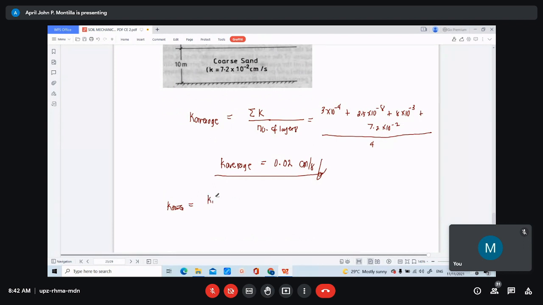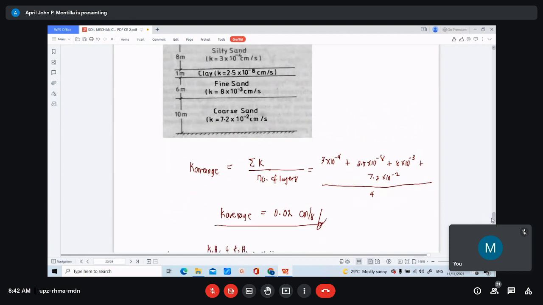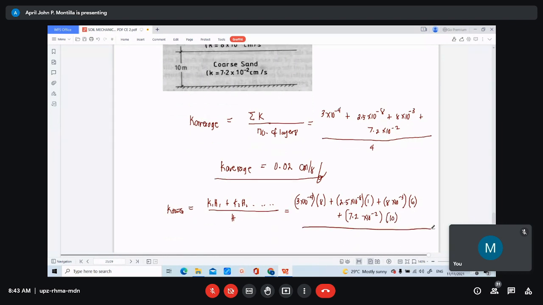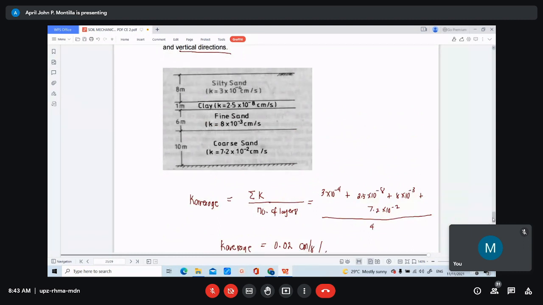That is K1H1 plus K2H2 and so on, four terms, divided by H. So that will be equivalent to K1, 3 times 10 raised to negative 4 times H1, 8, plus 2.5 times 10 raised to negative 8 times H1, plus 8 times 10 raised to negative 3 times 6, plus 7.2 times 10 raised to negative 2 times a thickness of 10, divided by the total H. What is our total H? 25 meters.